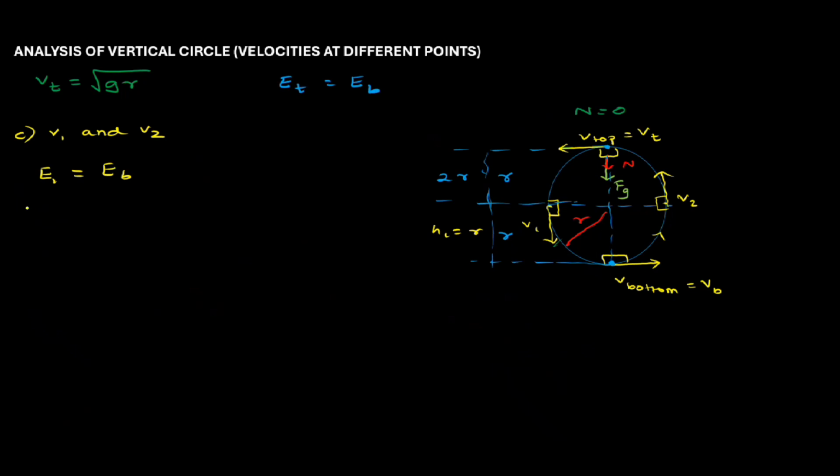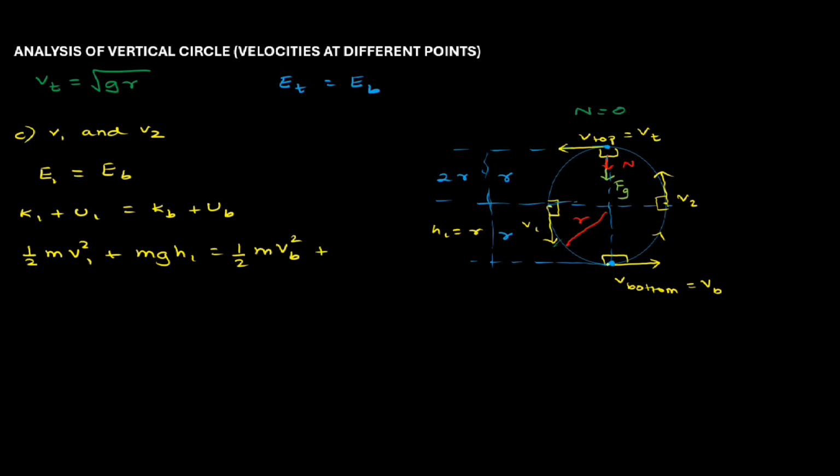Total energy at 1 again will be the sum of kinetic energy plus potential energy. And at the bottom, again the same thing, kinetic energy plus potential energy. Kinetic energy at 1 we can write as half m v1 squared and its potential energy will be m g h1. Kinetic energy at the bottom, on the other hand, will be half m vb squared, which is velocity at the bottom, plus potential energy at the bottom.